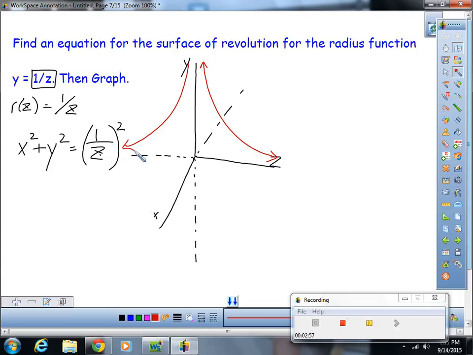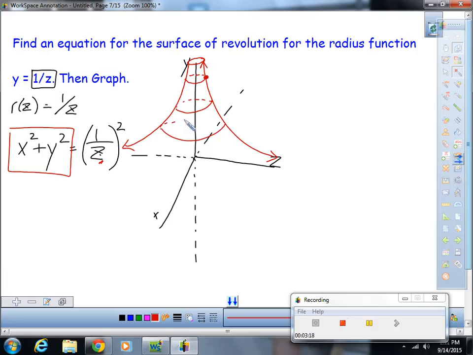All right, now imagine that each one of these points is being rotated in a circular fashion around this axis. And so what you're going to get, okay, but also understand that those functions also have negative.